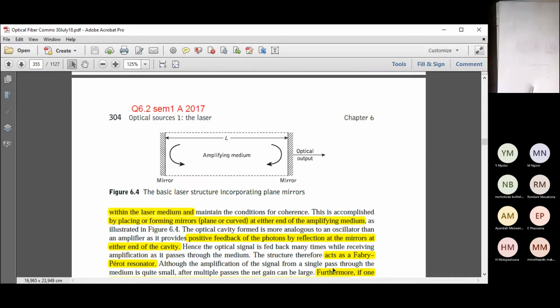Fabry and Perot are these guys here. They call it the Fabry-Perot resonator. So the laser light will resonate here, and through stimulation, every light beam that hits this mirror will split up in 2 light beams. And those 2 light beams hitting here will split up in 4 light beams. The 4 light beams will split up in 8 light beams.